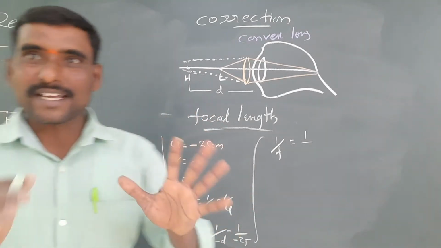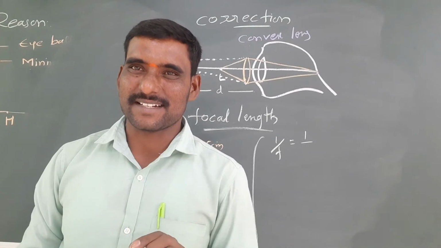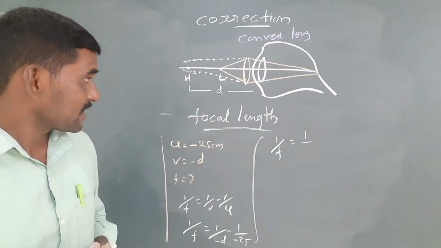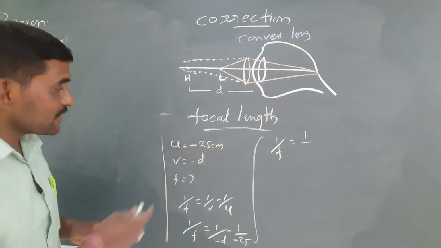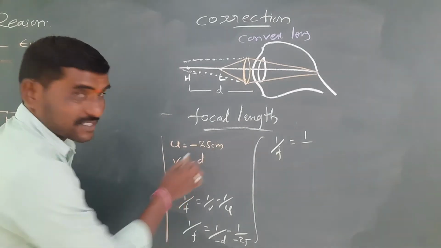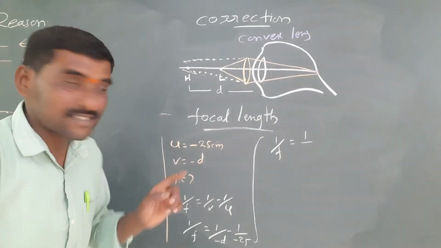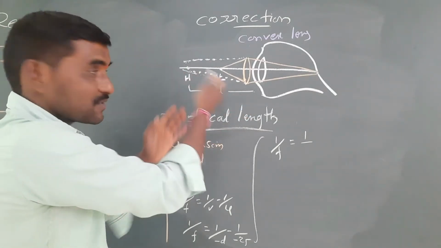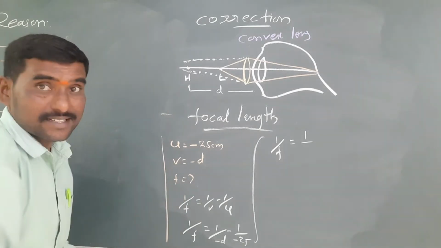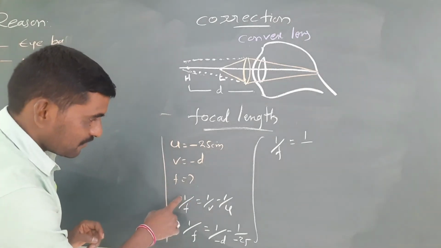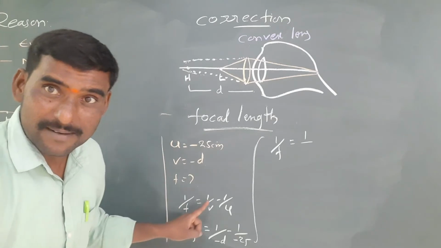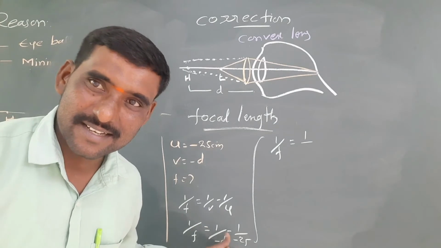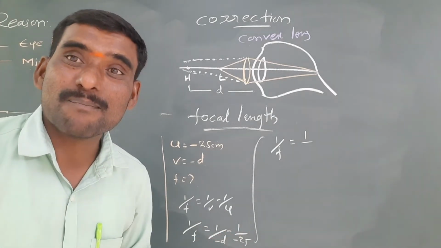Next, how can we find the focal length? A little bit of difficulty here. In the exam, they ask this compulsory question. Where should I keep the object? Object distance U is equal to minus 25 centimeters. Image distance V is up to here, after this the image has to form, so minus D I am taking. Focal length F: the lens formula is 1 by F is equal to 1 by V minus 1 by U. Then 1 by F is equal to 1 by minus D minus 1 by minus 25.